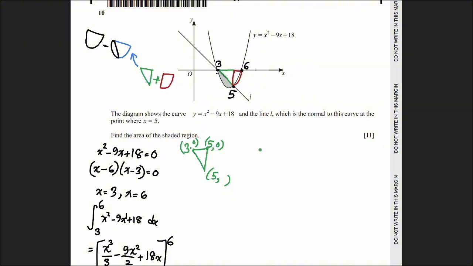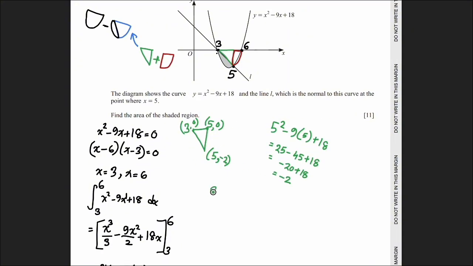What we can do is directly put 5 into the equation of the curve. That is minus 2. So the length of 3 to 5 is 2 units, and the length of 0 to minus 2 is 2 units. That means the area of the triangle is going to be 2 units squared.